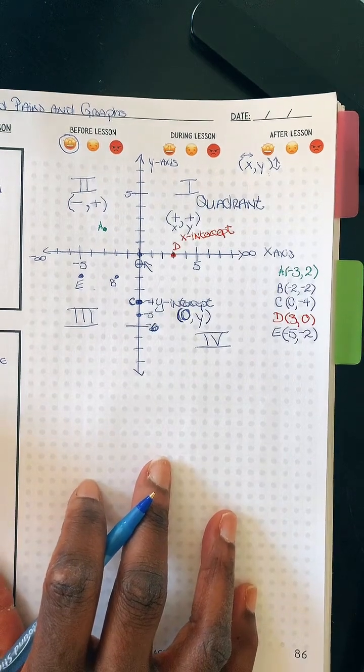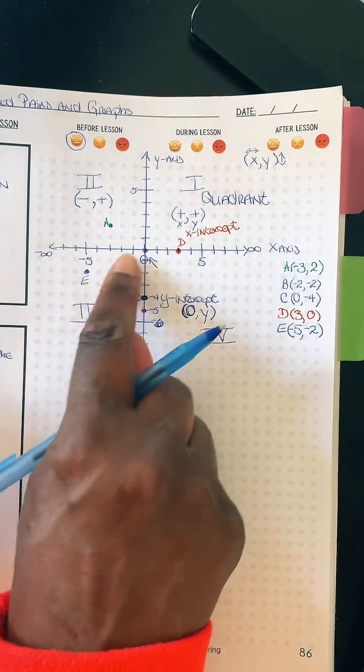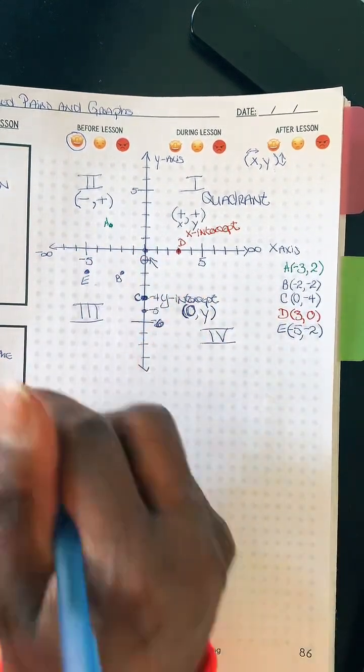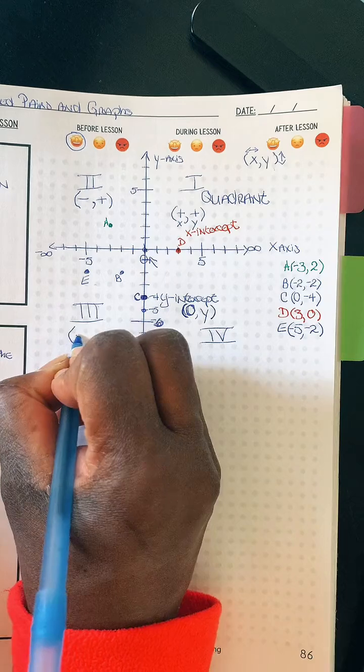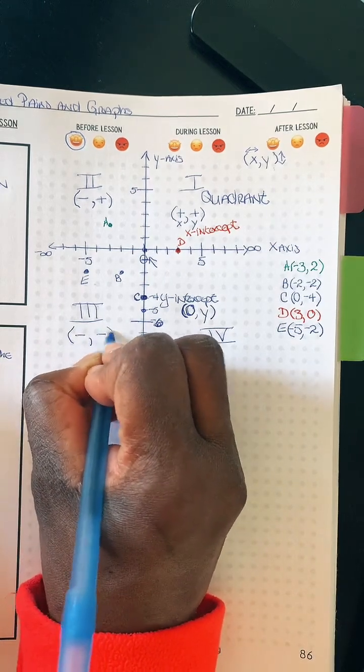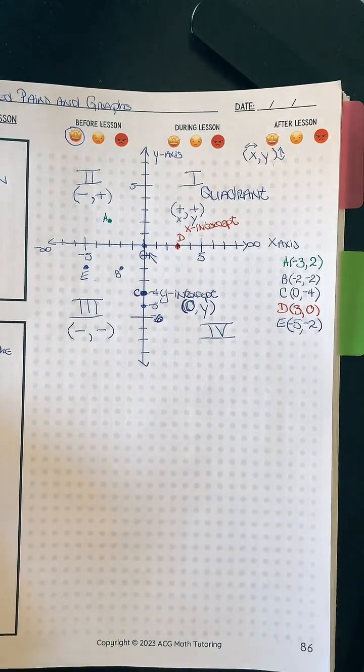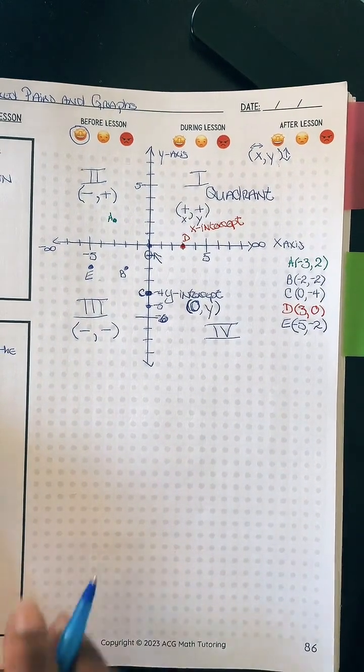Then when I get to quadrant 3, my X's are negative and my Y's are negative. So all the points in this section are negative, negative. Kind of looks like a face, don't it? Almost like a little owl.